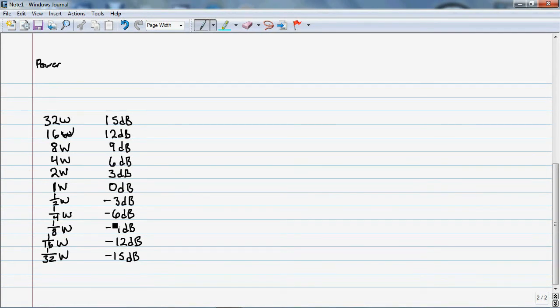So you can easily do in your head, if you know the power at a certain point and somebody tells you that the difference is 6 dB, well, you just know that you have to multiply by 4. And think about it from the standpoint of the powers of 2.